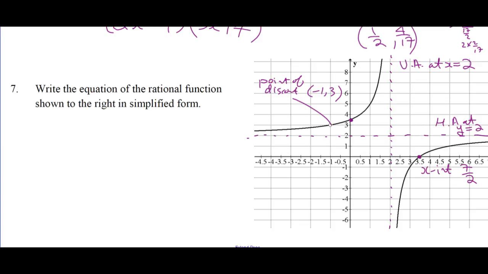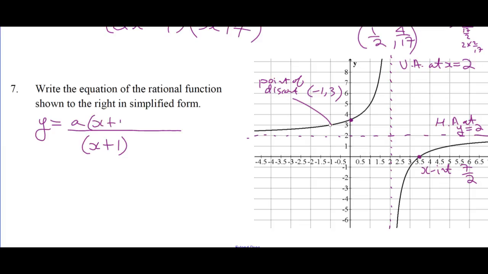Y is equal to A. Then we have a point discontinuity at x equals negative 1, so there's an x plus 1 here. There's also one up top, because those have to cancel.